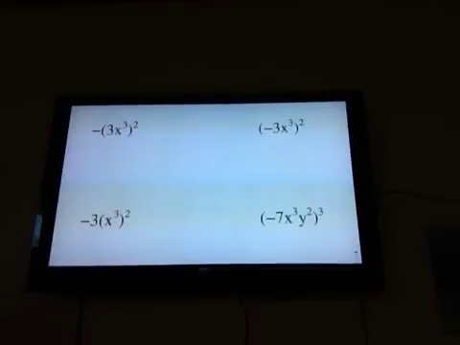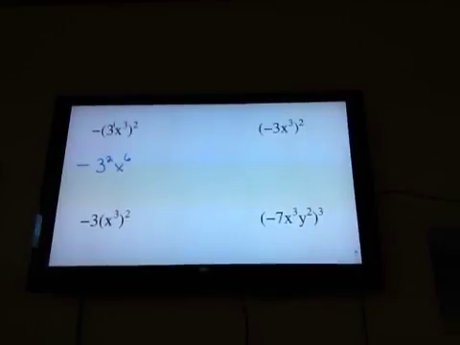Okay, so what does the power of 2 mean? It means that I have that thing on the inside 2 times. When there's not a power on a number or a variable, it has an understood 1. Okay, so this is my extra step I'm throwing in. So I'm going to have 3 to the 1 times 2 and x to the 3 times 2.